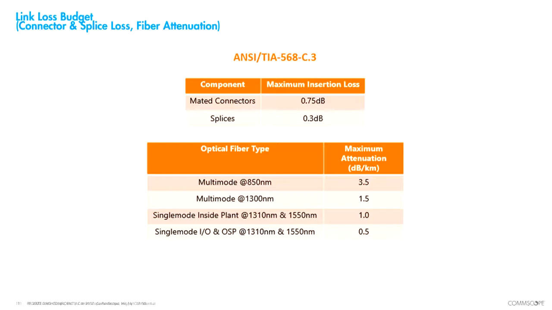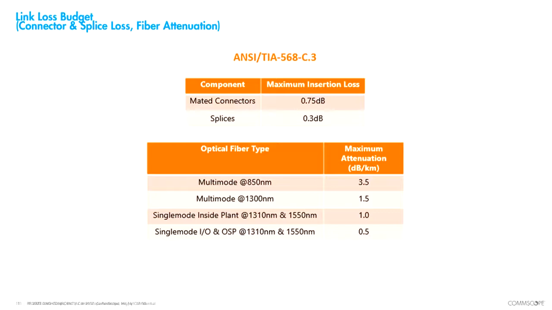Now talking about the link loss budget. Calculating a loss budget for an optical fiber cable simply involves estimating all the common losses, fibers, splices, and connectors, and adding them all together. The cabling standards identify the maximum allowed loss for each component. As you can see, the connector loss is identified with maximum values of 0.5 dB and 0.75 dB, and the splice losses are around 0.3 dB.